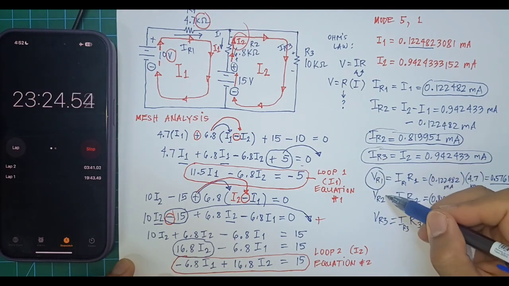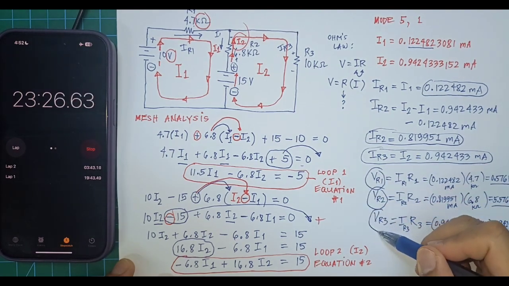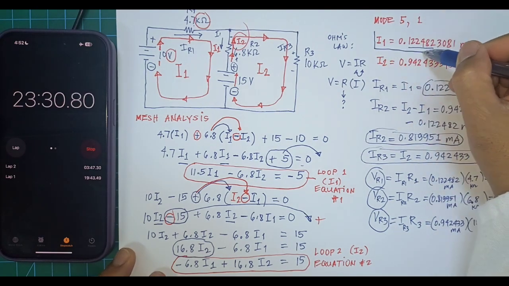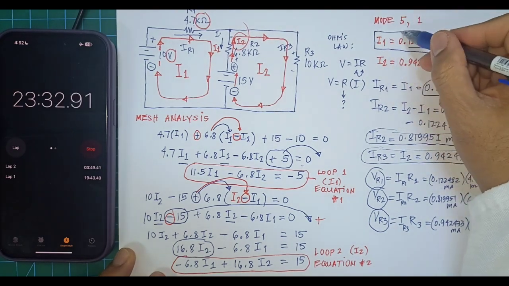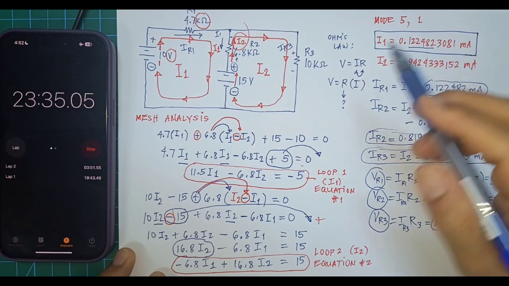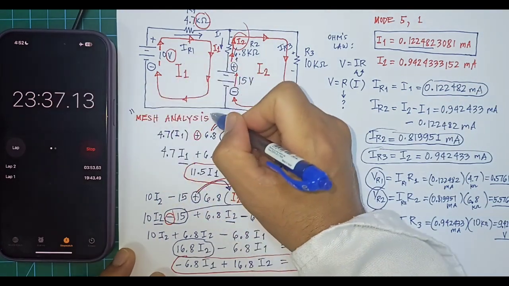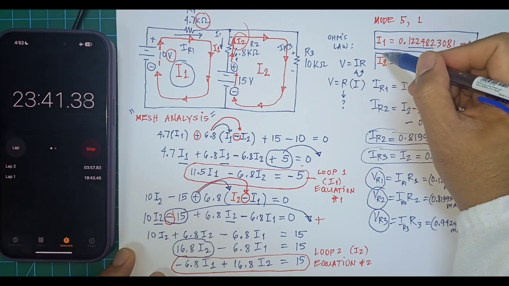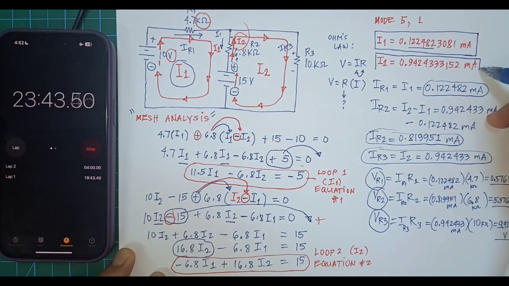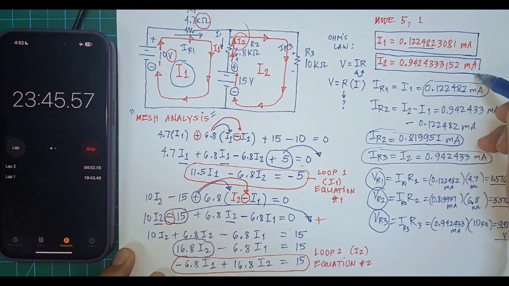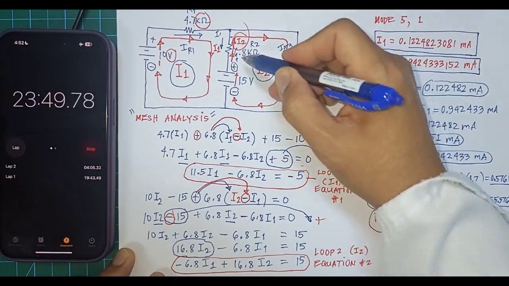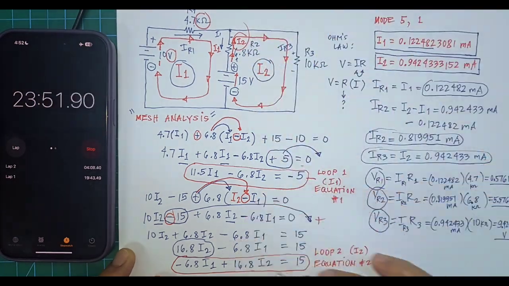We got our VR1, VR2, and VR3. Again, our I1 is not the current on R1, alright? This is the loop current that we use in mesh analysis, I1. And the current I2 is not the current on R2. It's only an assumed current I2 here, which goes with the loop that we wrote here.